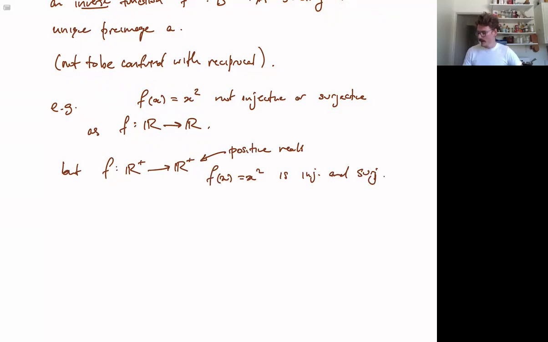Because the problem here was that, first of all, it's not surjective because you don't get negative real numbers. So now it is surjective. And second of all, it was not injective because a number and its negative go to the same place. So now we've gotten rid of the negatives and it is injective. So it is bijective.